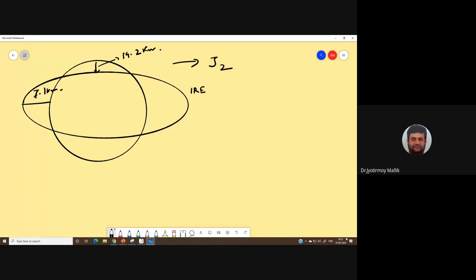Similarly, if we go further, this is my perfect sphere, and then I'm looking into a shape which is closer to the Earth. Sorry, let me draw it once more.